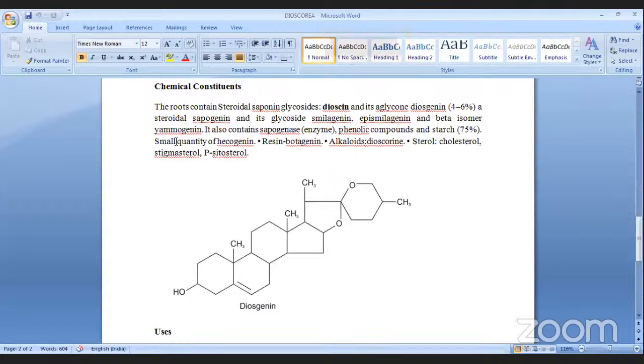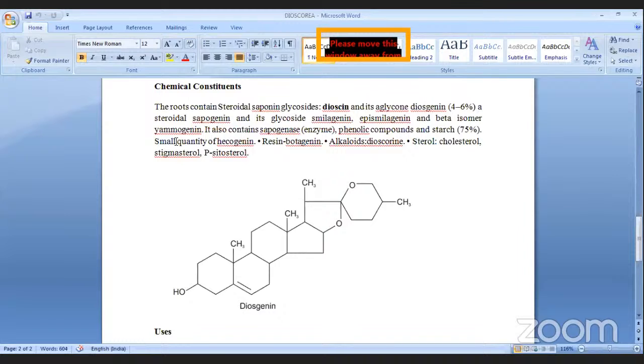The rhizomes contain an enzyme which is known as sapogenase.